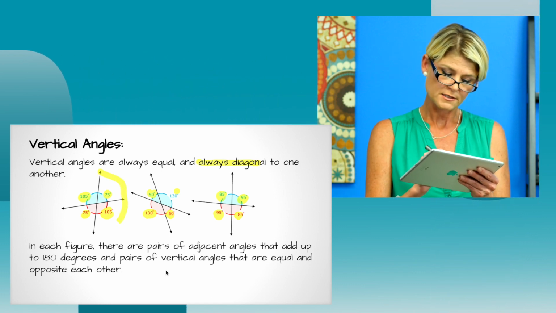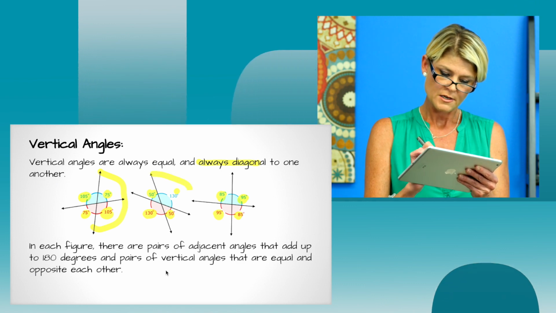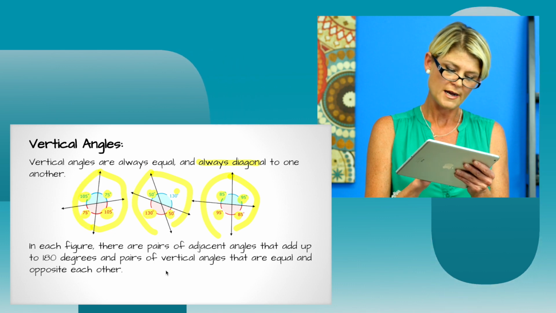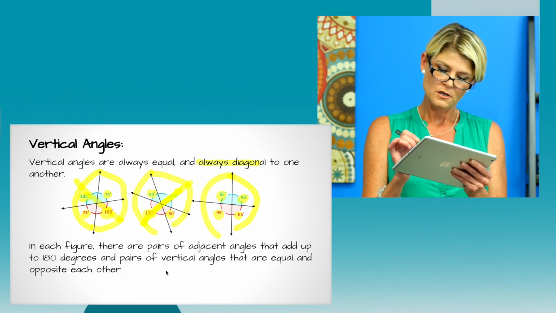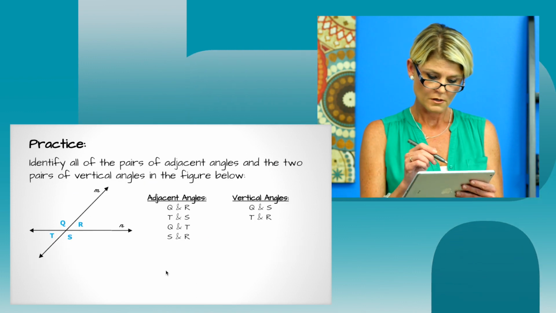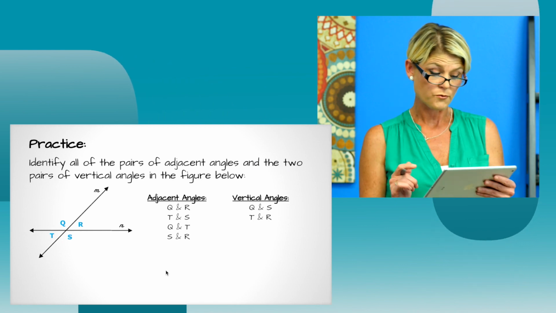What that sentence is saying is 75 and 105 is 180. So we have adjacent angles on all of these, and we also have vertical angles on all of these. It's pretty cool.